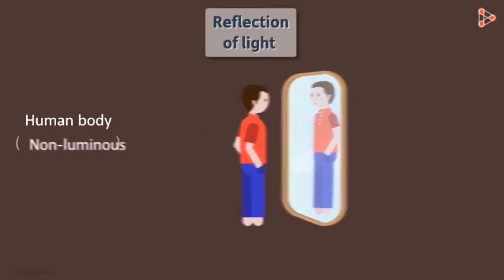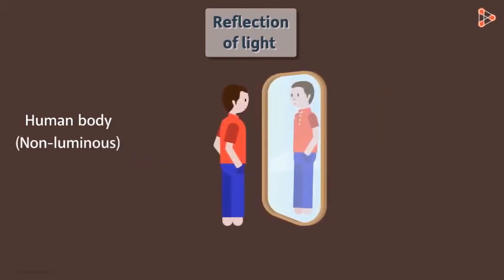Well, it's non-luminous. The human body cannot emit its own light. So the light from the source is first incident on the human body. It gets reflected from it, and this reflected light strikes the mirror. This light is further reflected from the surface of the mirror and reaches our eyes. This is how we are able to see our image.